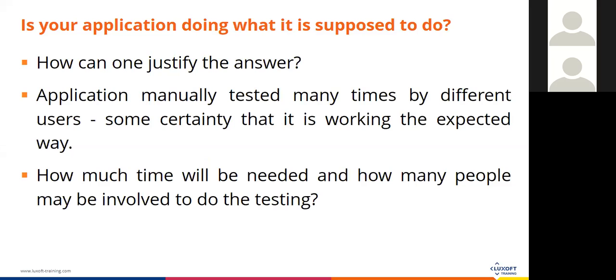Say yes, no. If you have some application that has been in use for some time and it has been manually tested by different users, you may have some certainty that it is working the expected way. But of course, it is a matter of time, and time is extremely precious, especially today.